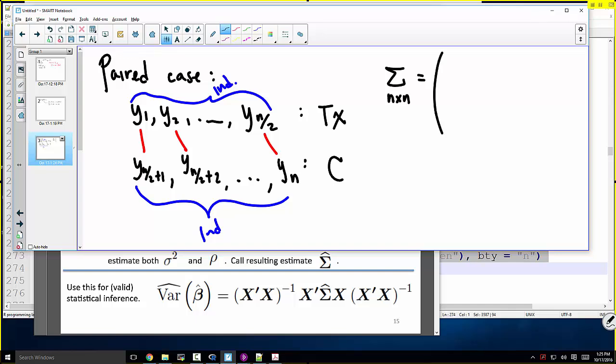Let's call first, there's a sigma 1,1. This would be n over 2 by n over 2, the covariance matrix for the treatment individuals. Then there's a covariance matrix for the control individuals, call it sigma 2,2. And there's an n over 2 by n over 2 matrix of covariances between the treatment and the control individuals.